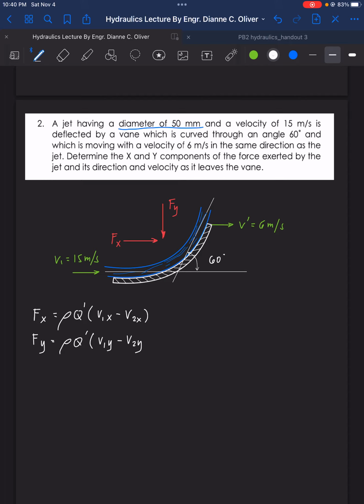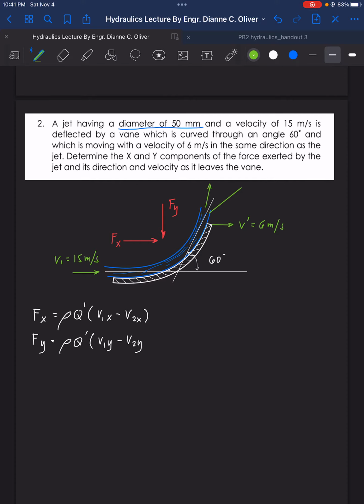So what are the values that we need? We need the value for Q prime. For Q prime, to get its value, we need the value for U. So remember in our discussion of the formula a while ago, U is the relative velocity of the jet. And then we have the V2. The V2 is the absolute velocity of the jet as it leaves the vane.